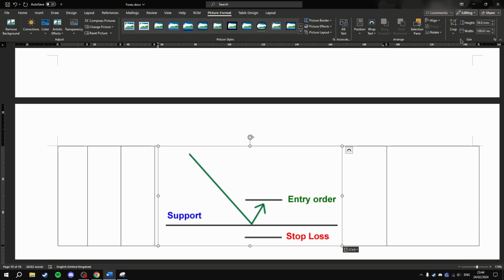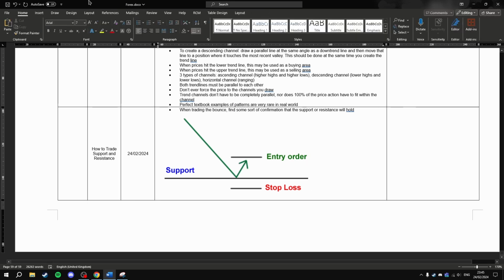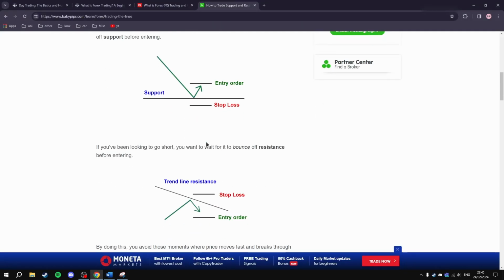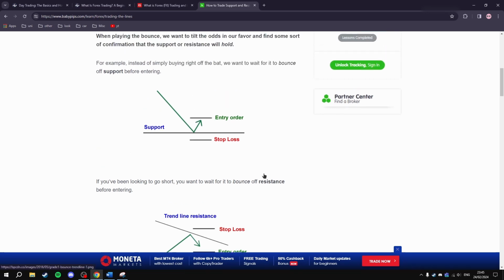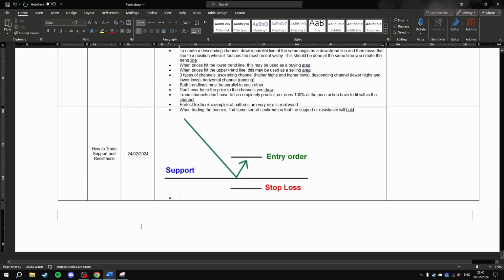So you need that confirmation basically that it's actually bouncing. If you've been looking to go short, you want to wait for it to bounce off resistance before entering. So this is going long.